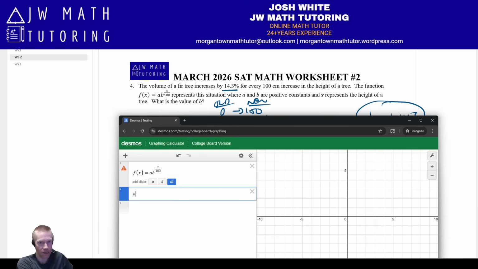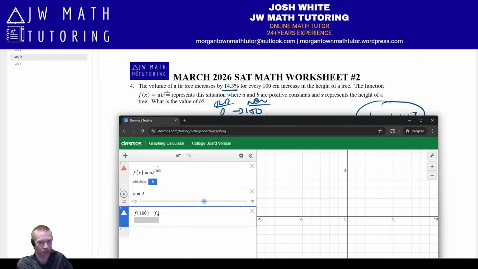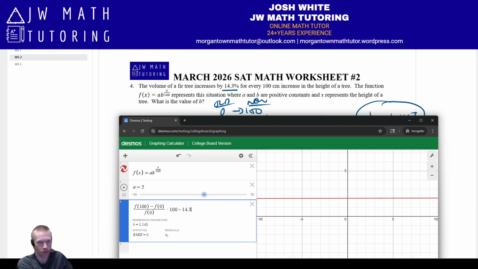I'm going to say a is equal to whatever, 2. Doesn't matter what value you pick. Then I'm going to do the percent change for, say, f of 100 minus f of 0 divided by f of 0. Then I'm going to multiply this by 100, and then this will be equal to 14.3. And then it solves for the value of b for me, and notice I get 1.143.